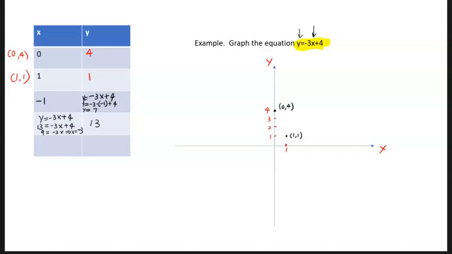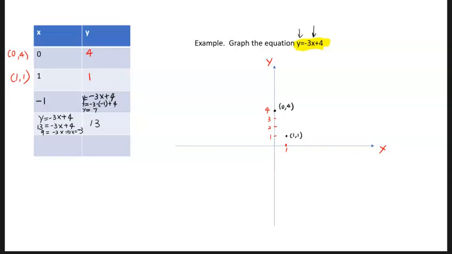It seems like this process is non-stopping because we have infinitely many real numbers that we can pick for x. Not just integers like 0, 1, 2, 3, or -1, -2, -3, we can also pick fractions like 1/2, 2/3, and decimals.